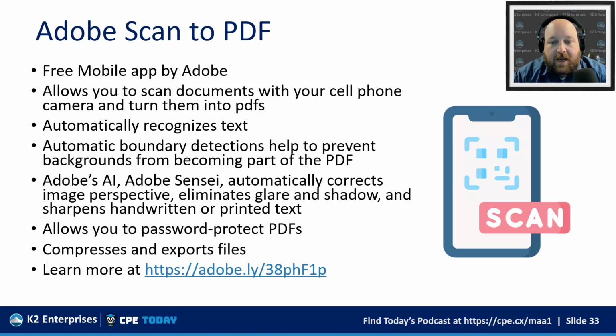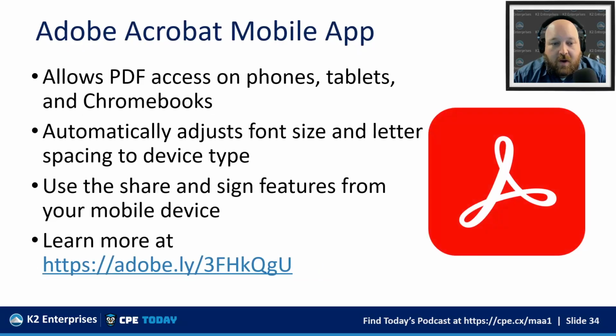Now, if you want to read PDFs while you're on the go, you should check out the Adobe Acrobat mobile app. Again, both for iOS and Android. Now, if you have the DC subscription, this will integrate directly into your DC account, bringing all the files that you opened and created with your desktop right inside of your mobile device. You'll be able to see it now.